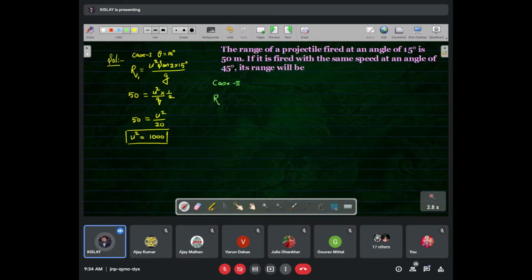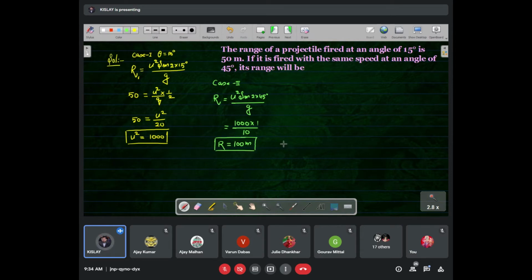The same formula we have to use, R equal to u square sine 2 into 45 divided by g. Here u square is 1000 and sine 90 is 1, divided by 10, that is 100 meter. Good, those who did it, that's good.